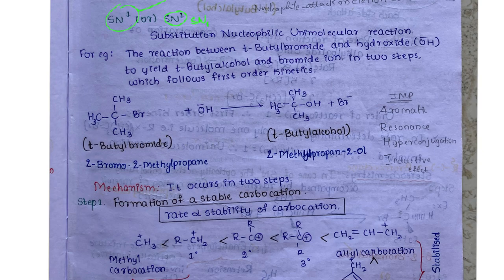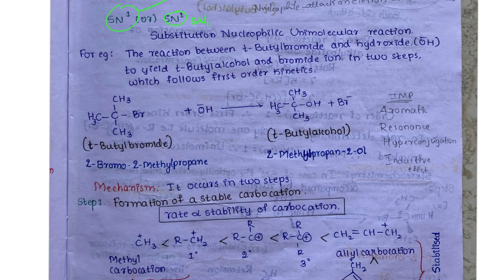This is the most preferable. In this substitution nucleophilic unimolecular reaction, for example, the reaction between tertiary butyl bromide and hydroxide ion yields tertiary butyl alcohol and bromide ion in two steps, which follows first order kinetics.